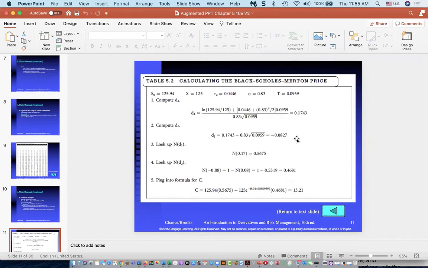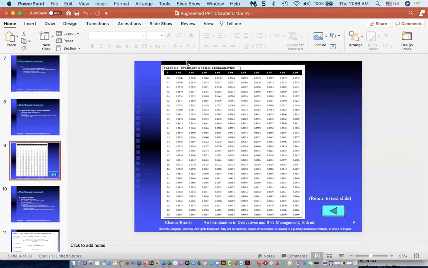So now is the time that you get the normal distribution numbers. This is the 0.1743, okay? So we go to the table in here, 0.1743. First is 0.17, so you say 0.1, right? And then you go to 0.7.